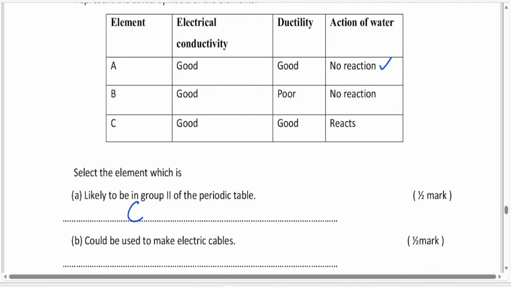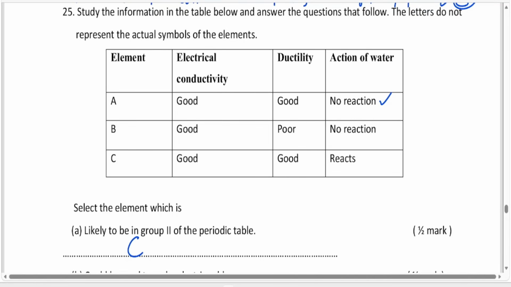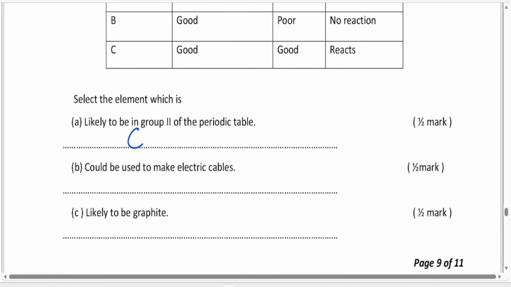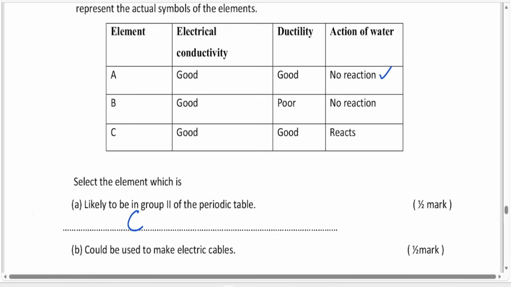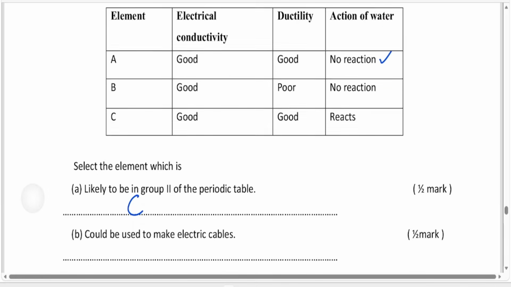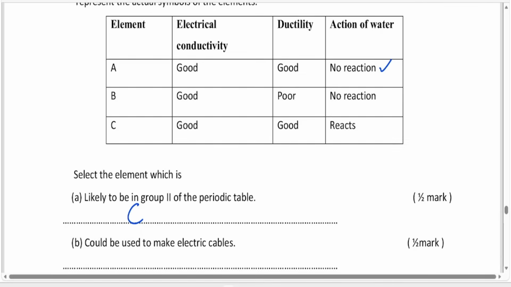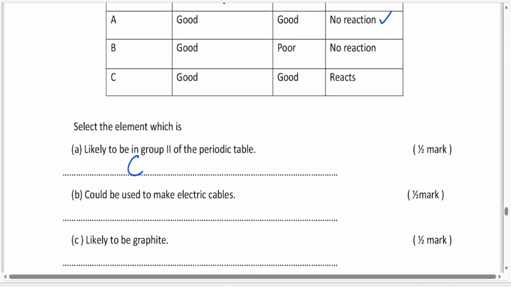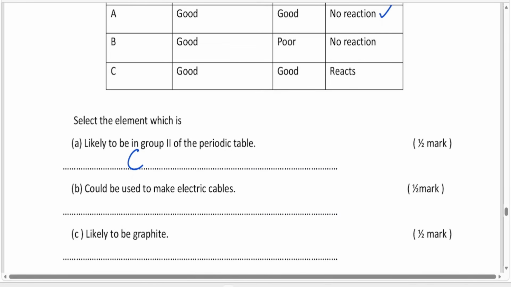What we need is for them to conduct electricity and be drawn into wires. Therefore, the most suitable is A, which is a good conductor of electricity and has good ductility.